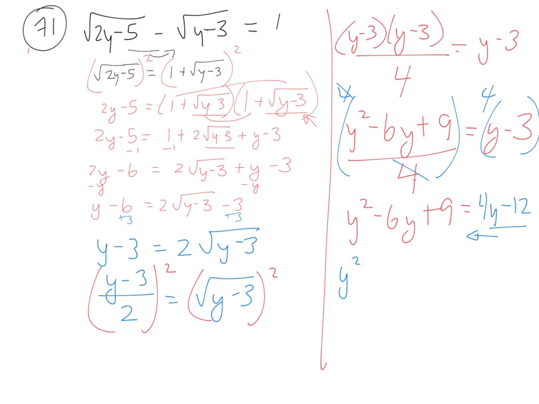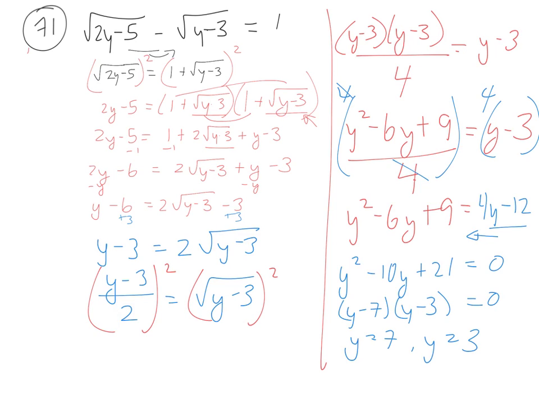So it'll be y squared minus 10y plus 21 equals 0. And then this is a quadratic, so I can factor it, hopefully. 7 and 3, so y minus 7, y minus 3. So y is equal to 7, or y is equal to 3.